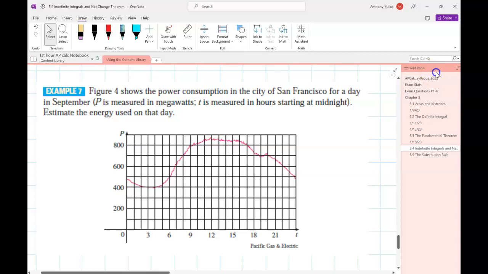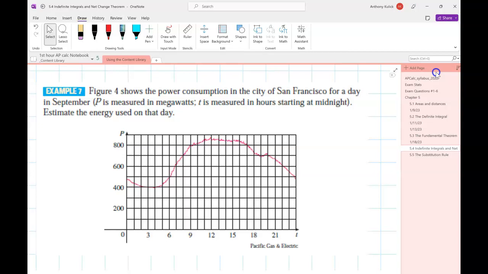What if we're given something like this? Here it says figure 4 shows the power consumption in the city of San Francisco for a day in September. P is measured in megawatts, so that's the y-axis. T is measured in hours, starting at midnight. Estimate the energy usage on that day.